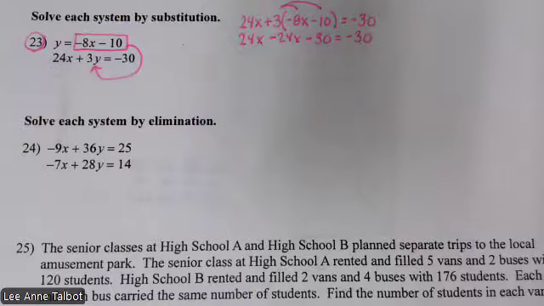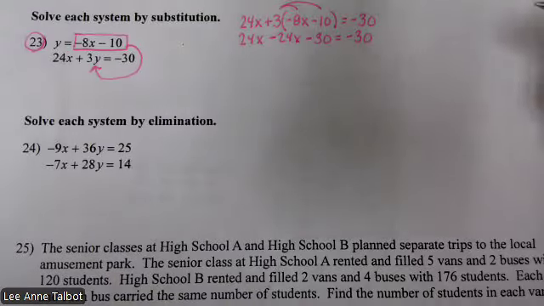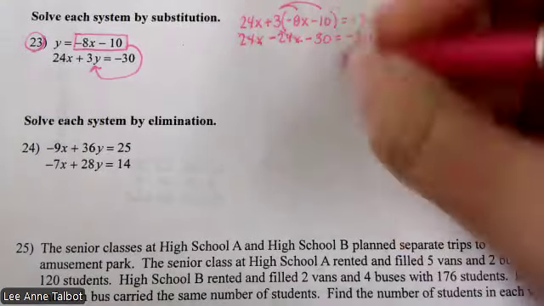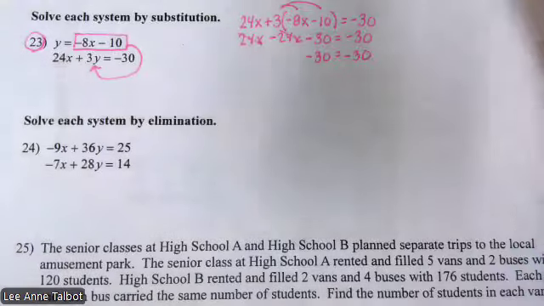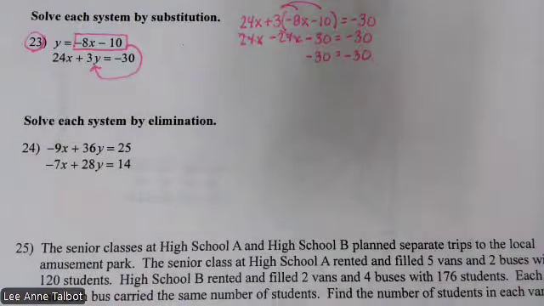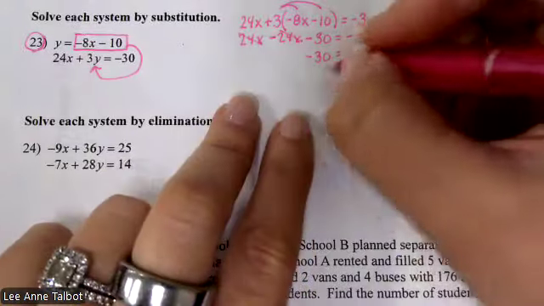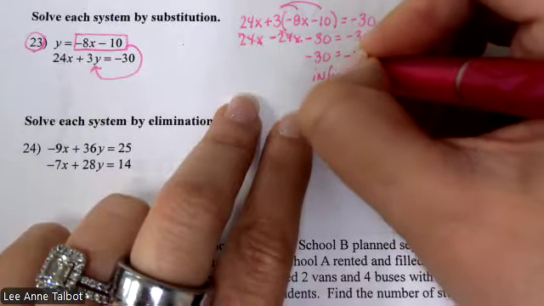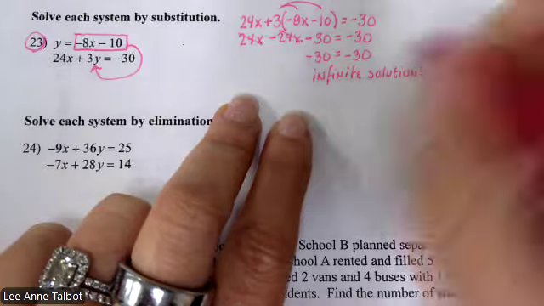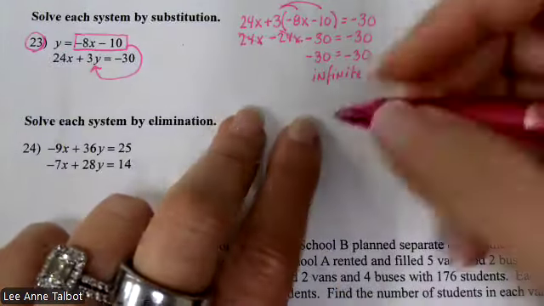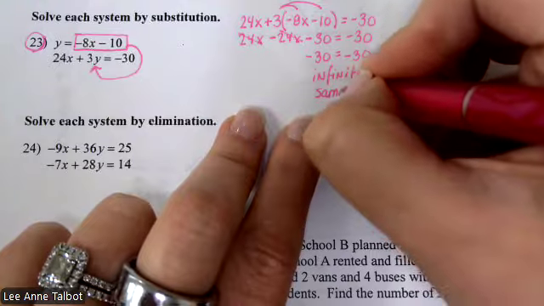Can you guys tell that this is one of the special cases? Because these cancel and I have -30 equals -30. Because they're equal, it's infinite solutions, and that means that they are the same line.